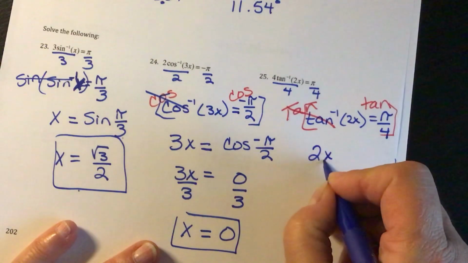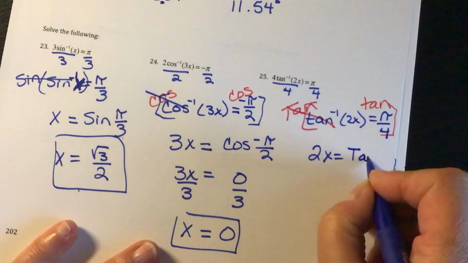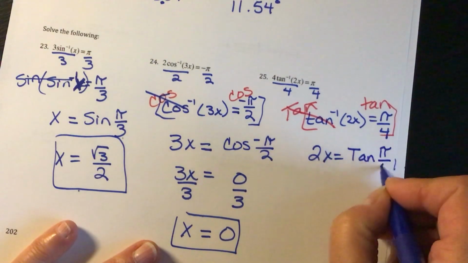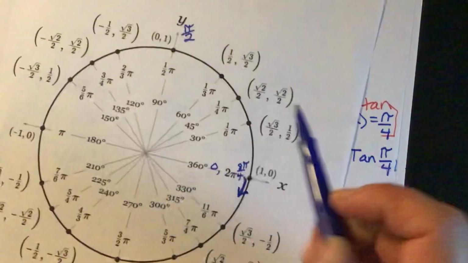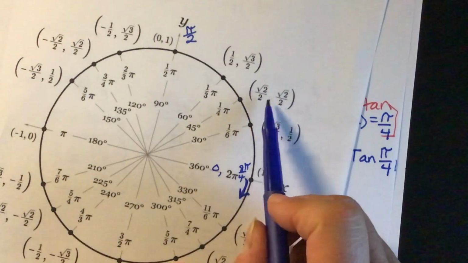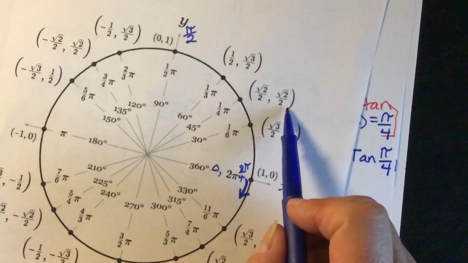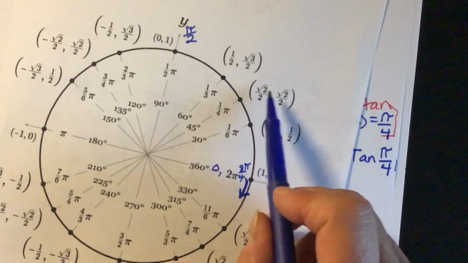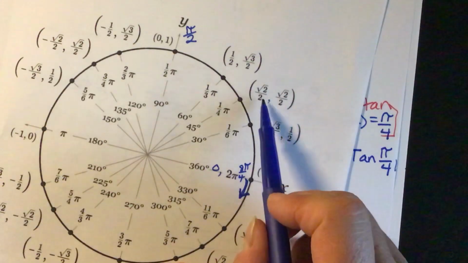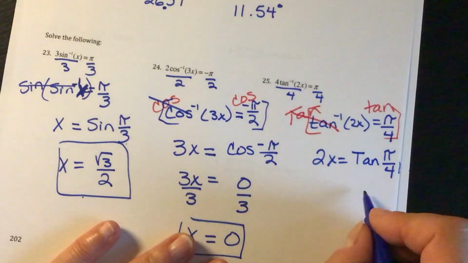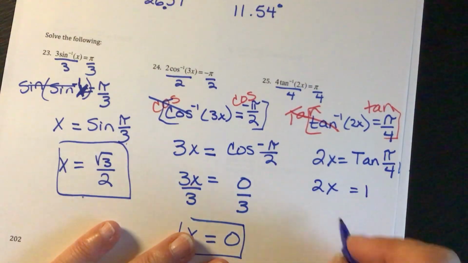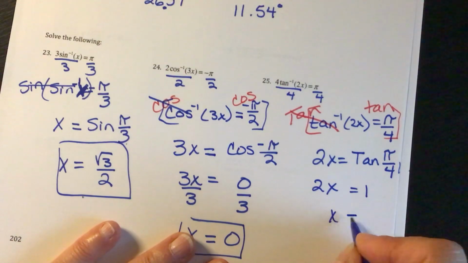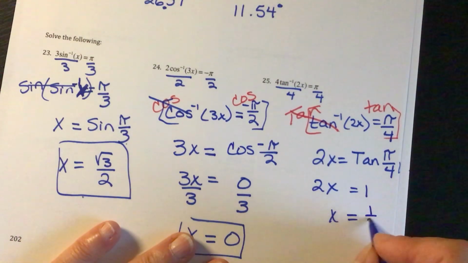So I have 2x equals tangent of pi over 4. Pi over 4 has a sine and cosine that are the same, and the tangent is sine divided by cosine, so tangent of pi over 4 is 1. So 2x equals 1, and x equals 1/2.